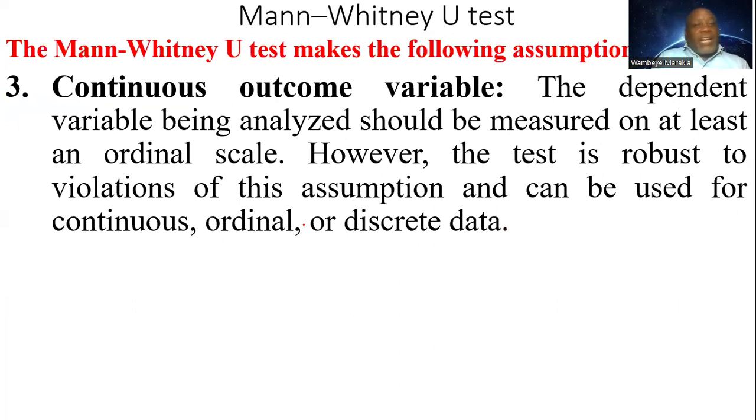Another assumption is about the continuous outcome variable, the dependent variable. We have the independent variable and the dependent variable. The dependent variable should be measured at least at an ordinal scale. However, the test is robust to violation of this assumption and can be used for continuous, ordinal, or discrete data.